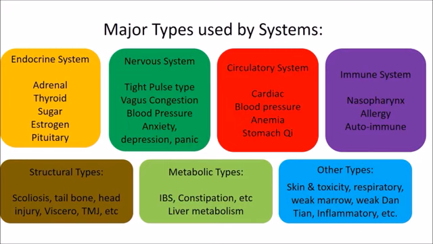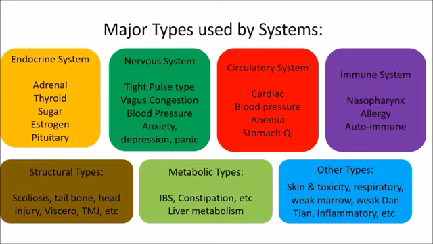When we look at the types, we're looking for the following: the circulatory types, including blood pressure type, cardiac type, stomach chi type, the anemic type, basilar and brachioradial congestion types, things like that. Some of these, as you can see, are also structural types, like the basilar artery type.